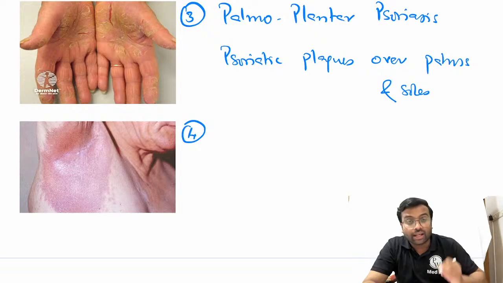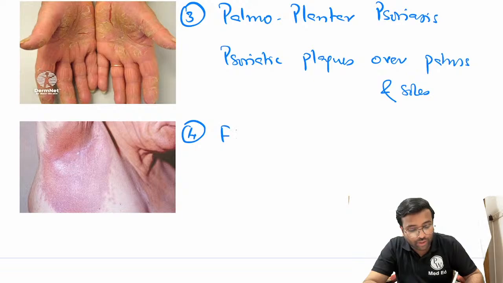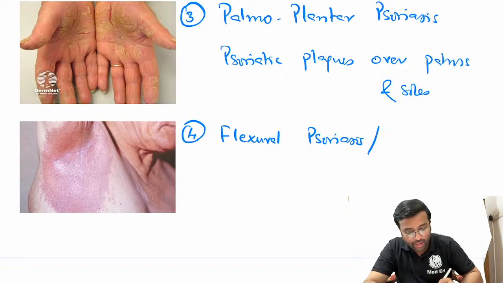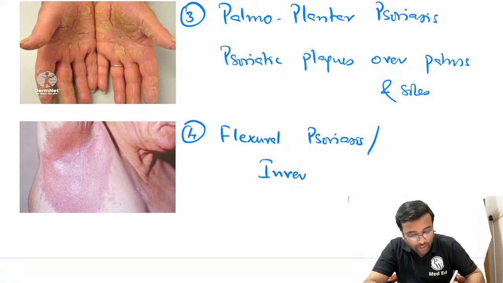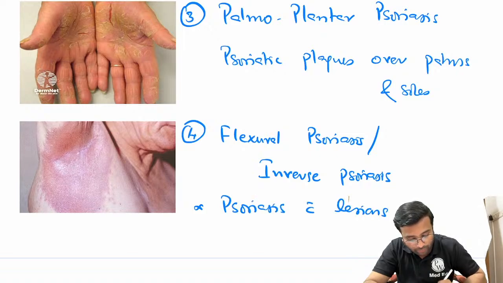Whenever, rarely, the patient presents to you with psoriatic lesions over flexures, we call it flexural psoriasis, or inverse psoriasis, with lesions over flexures.